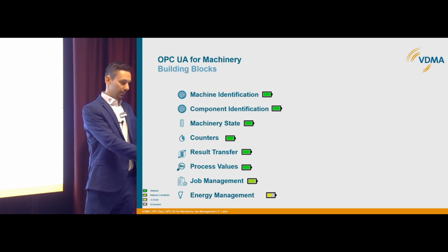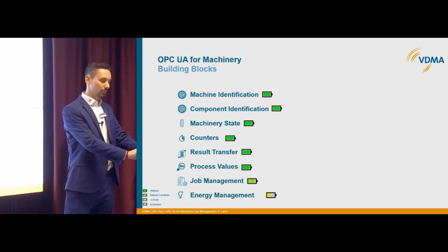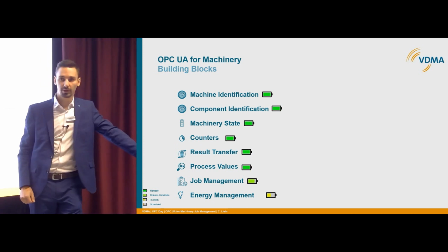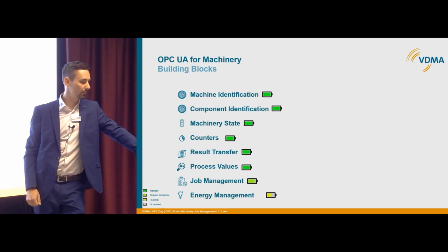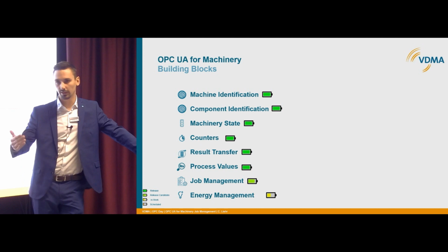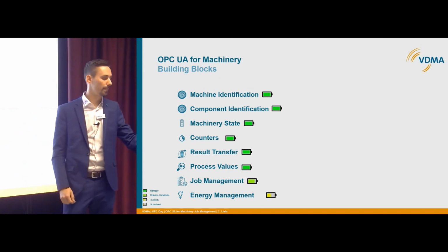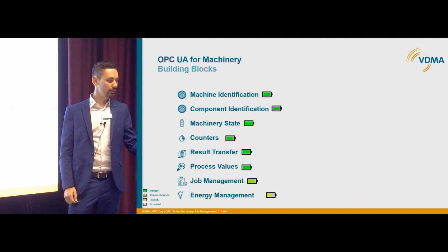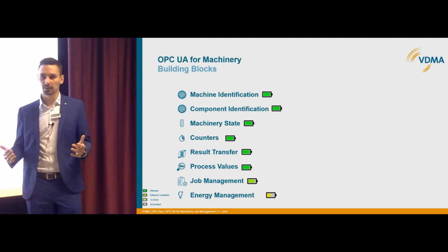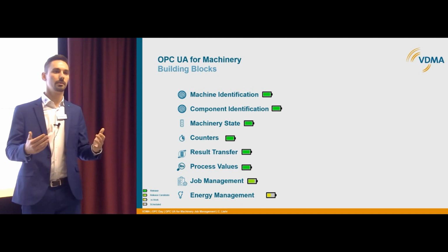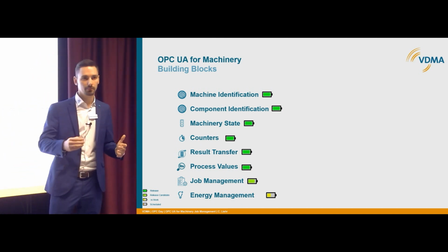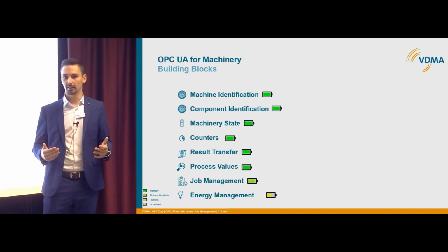The machinery operation mode state machine provides the states none, maintenance, setup, and processing. And also here you can extend the single states with some substates. In general, an important use case for state machines is getting some data like key performance indicators.